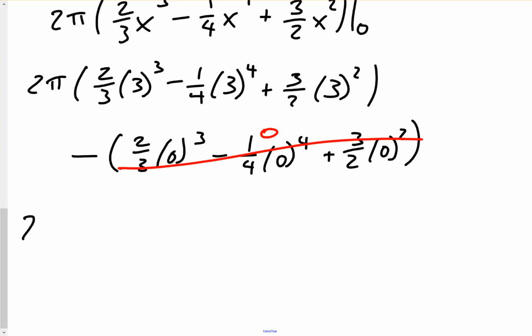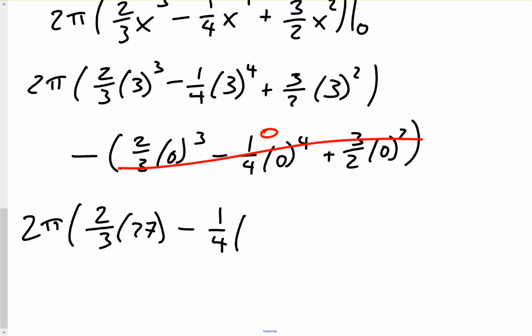Okay, so we got the 2 pi, 3 cubed is 27, so 2/3 of 27 minus 1/4 of 3 to the 4th would be 81 plus 3/2 of 9.